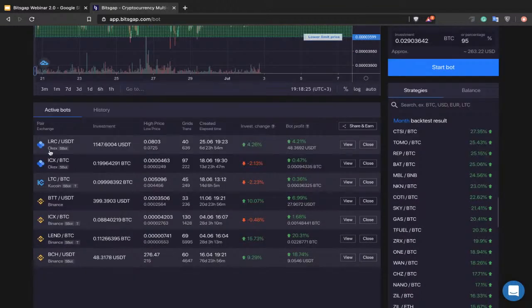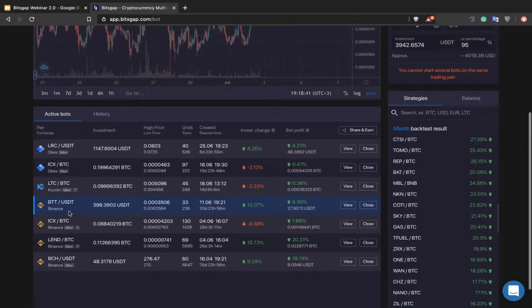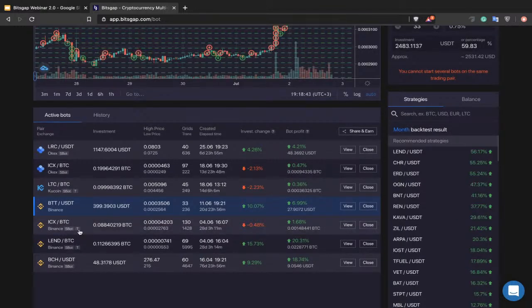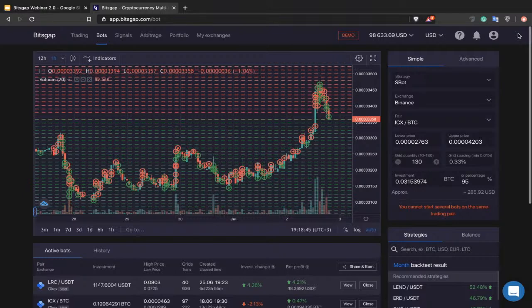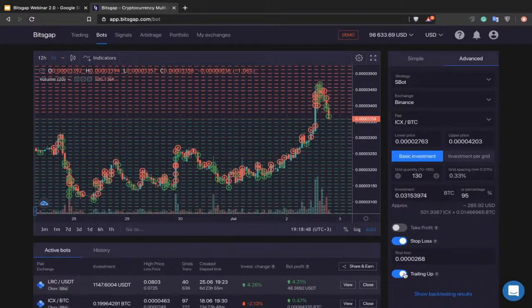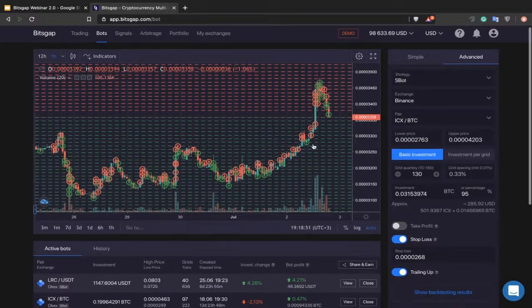Some of them were executed on OKEx exchange, Binance, and here is the specification of which bot was executed. In this case, the SBot, and this one is the classic one. And this T stands for the features that we have. That's the trading app, which I will explain to you in 15 minutes.